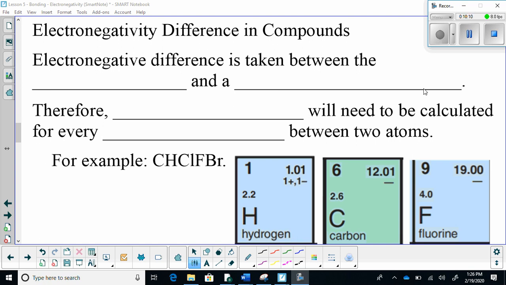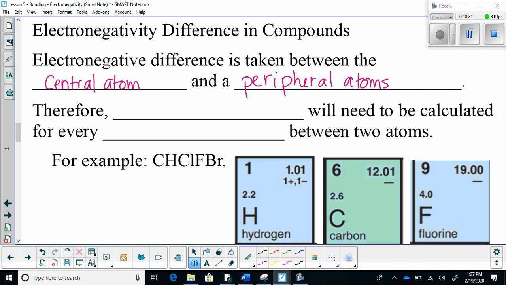All right, electronegativity difference in compounds. Electronegativity difference is taken between the central atom and the peripheral atoms. Peripheral just means surrounding the central atom, okay?